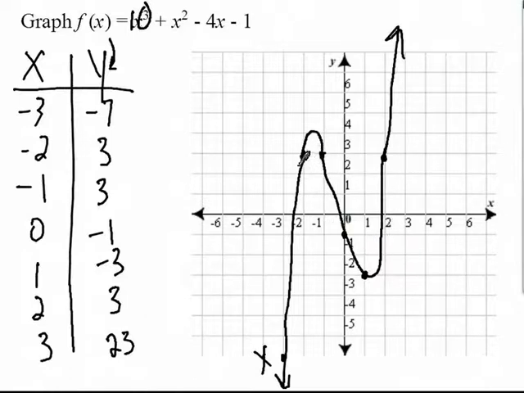Now keep in mind, we don't want jagged edges here connecting these dots, because these polynomial functions will not have jagged straight edges like this, okay? These are not piecewise linear functions, so we have to round off our corners, okay, and go through all these dots.